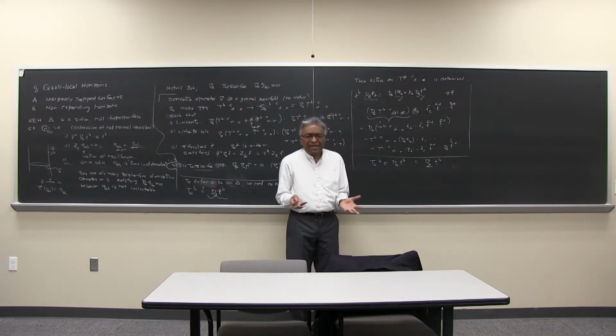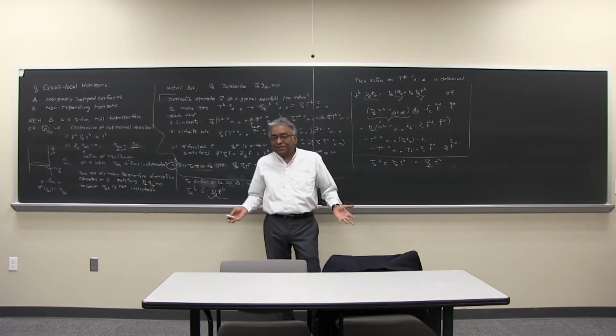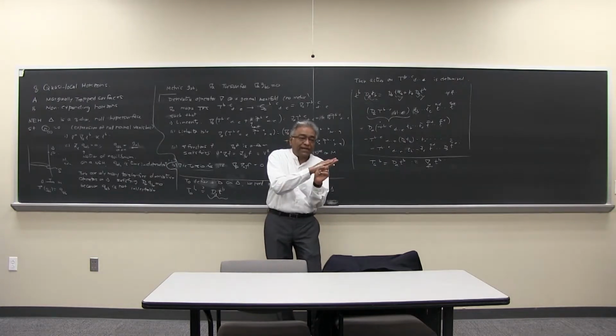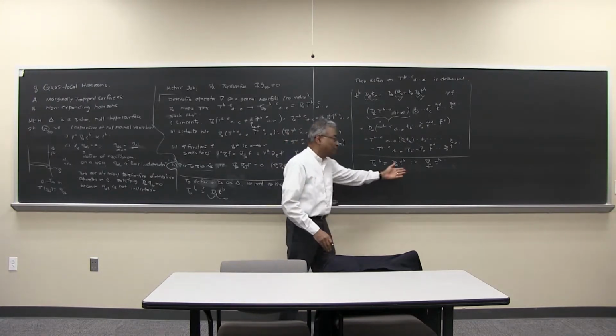So we pull back the derivative operator on T. Now what does this mean? Well, I told you pullback is just a fancy way to say that you restrict the action only to tangent vectors which are tangential. Right? That's what a pullback is.